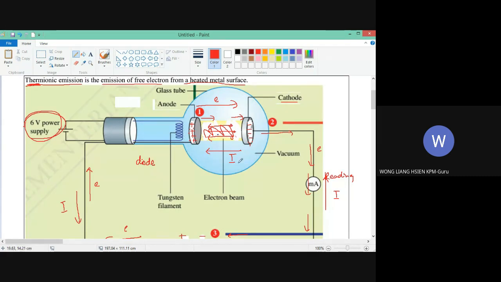And this diode can let current flow through thermionic emission. So we call this apparatus a thermionic diode. Now, this thermionic diode can produce a stream of electrons.